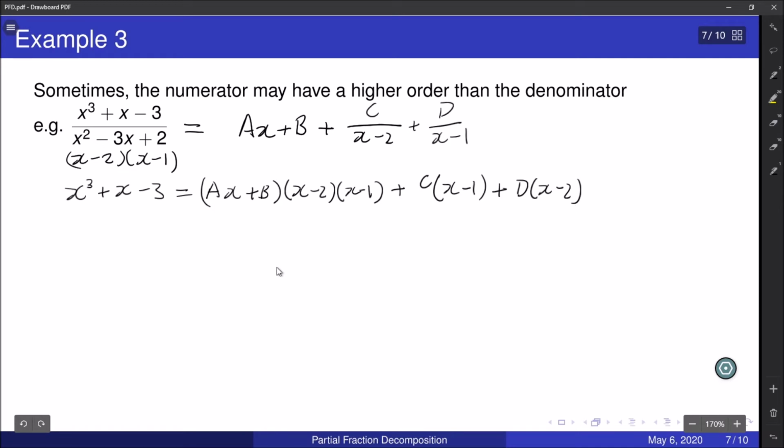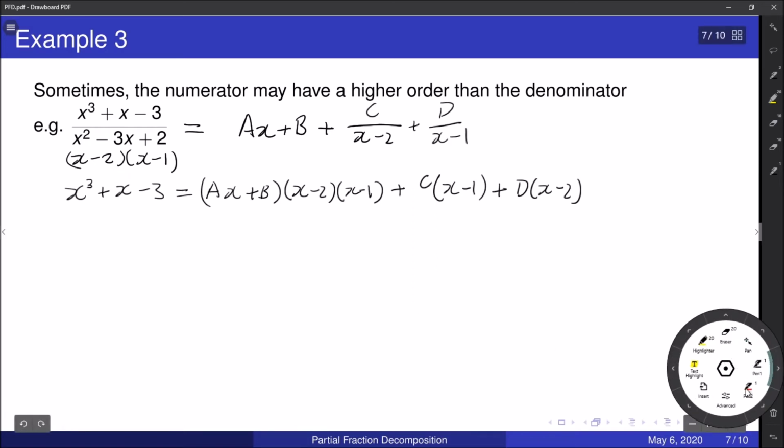Okay, so in this expression, what we can do first is to find what a is, because on the left hand side we have a coefficient of 1, and on the right hand side, a is the only term that's going to have x cubed. If we expand everything, which we're not going to do because it's going to be very messy, we have ax times x times x, which is ax cubed.